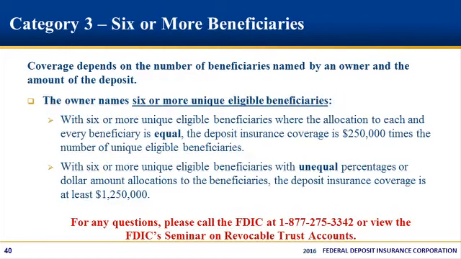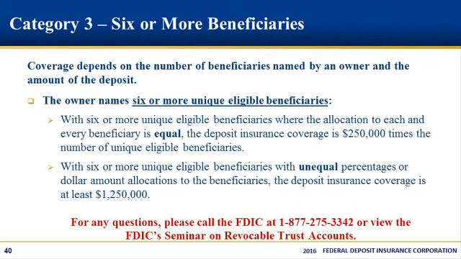Now we will discuss the second part of the rule, which concerns trust deposits with 6 or more beneficiaries. Let's assume we have a depositor who has named 6 or more beneficiaries and wants to deposit more than $1,250,000. How do we calculate coverage? Well, if the owner has named 6 or more beneficiaries and the allocation is equal to each beneficiary, it's easy.